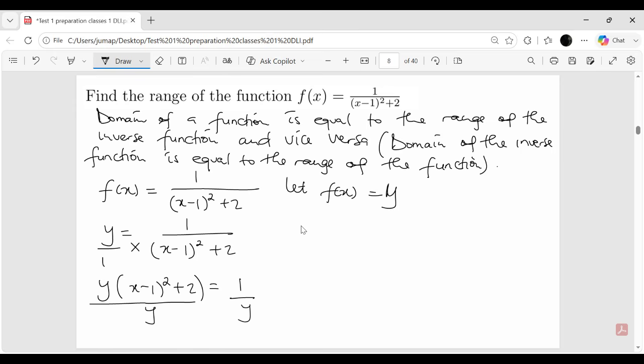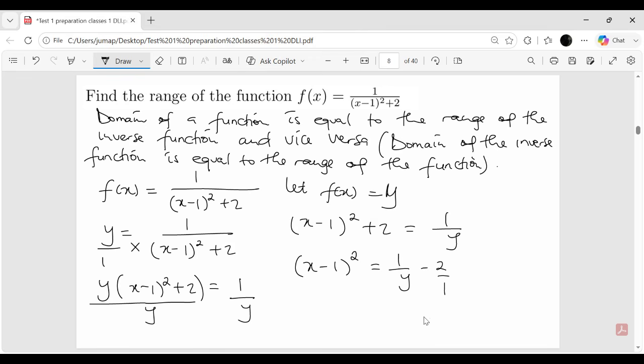Then I'm going to have (x minus 1) squared plus 2 is equal to 1 over y. So I'll take the 2 this side because my goal is to make x the subject of the formula. So I have (x minus 1) squared equal to 1 over y minus 2 over 1.